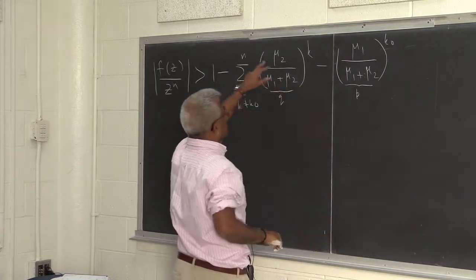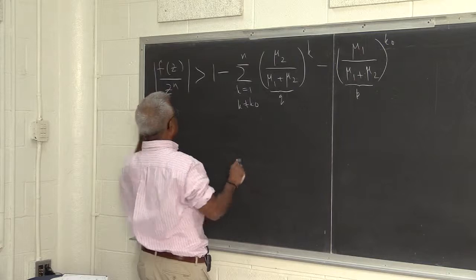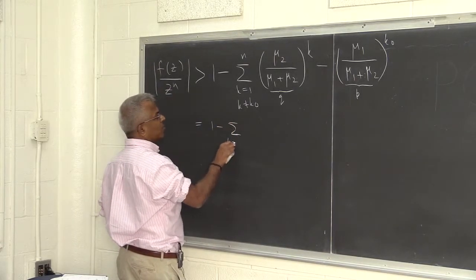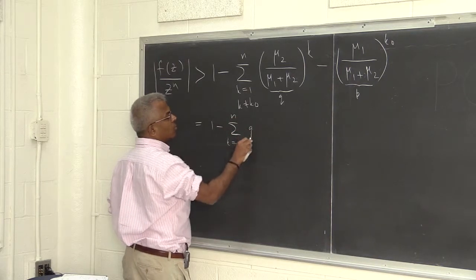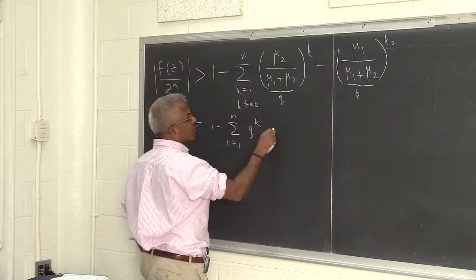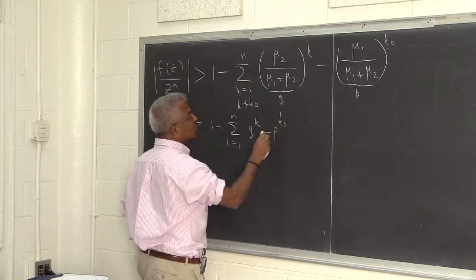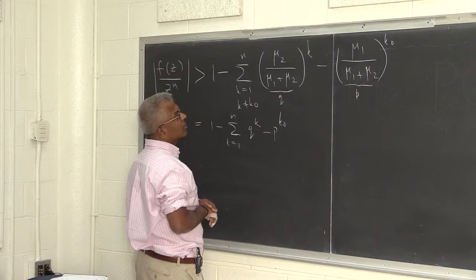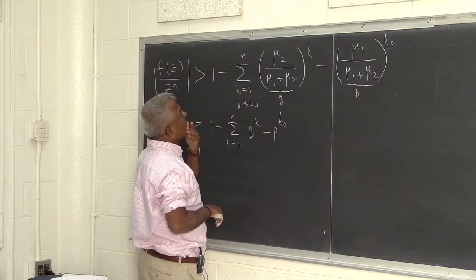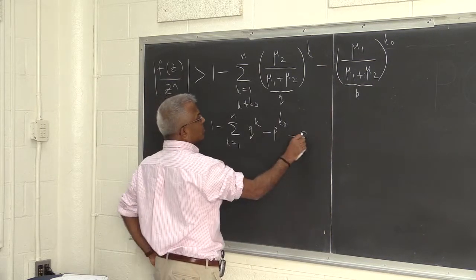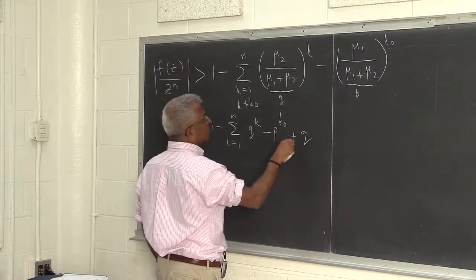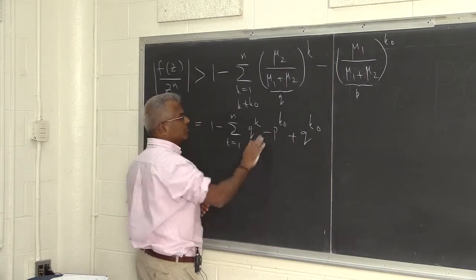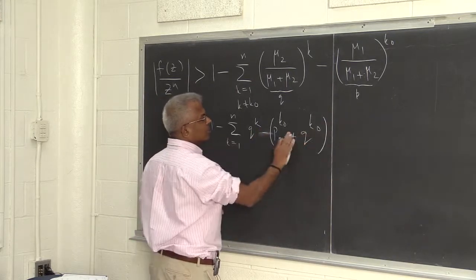So we can add and subtract this one term here. This is now going to look like 1 minus the summation, k equal to 1 through n, of q to the power k, minus p to the power k0, plus q to the power k0, because I also included it.